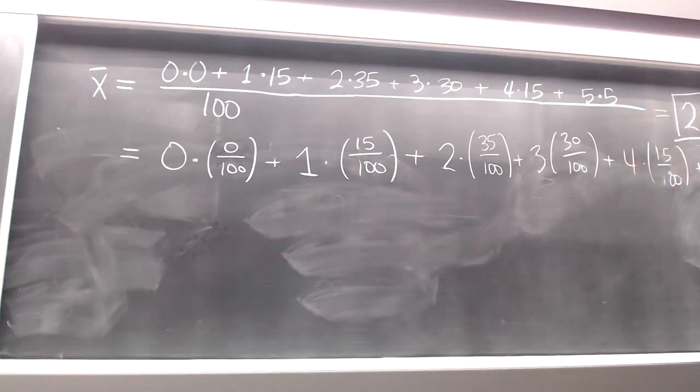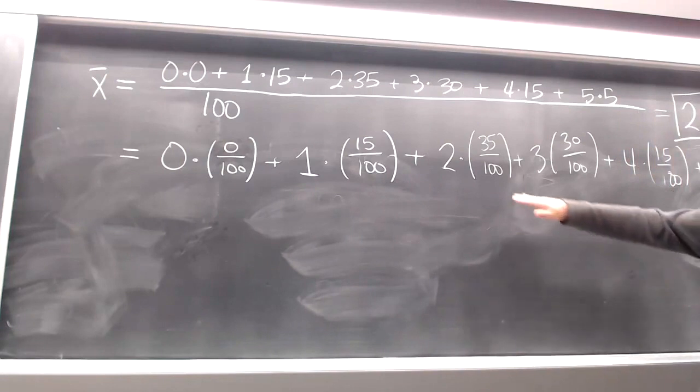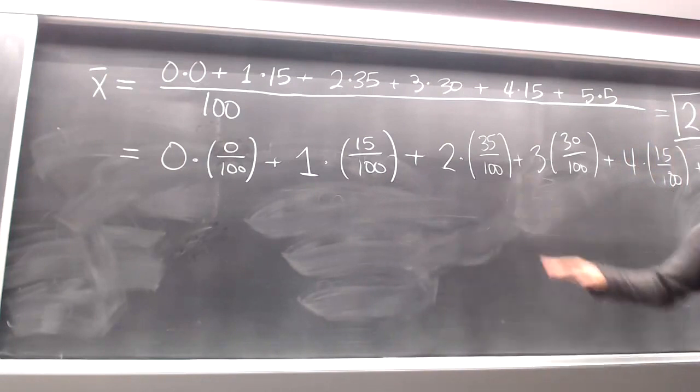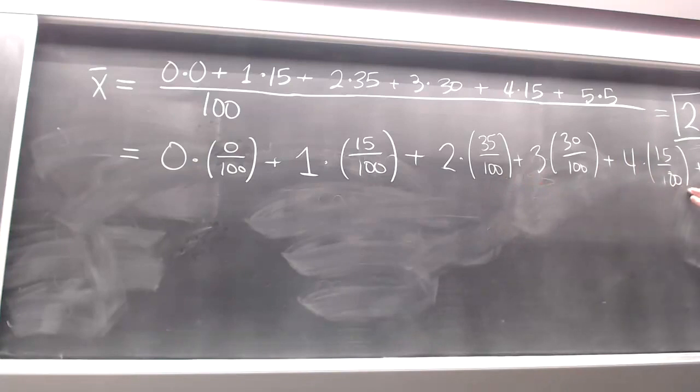If I picked a random person, the probability they have 2 pairs of shoes is 35 over 100. So all of these probabilities are sitting here in this expression.